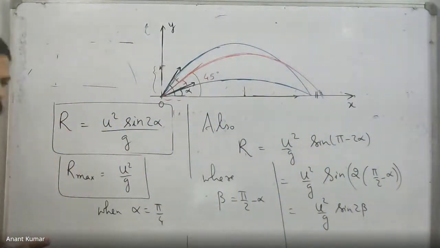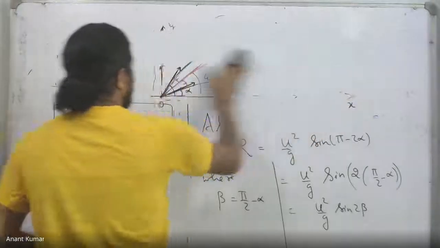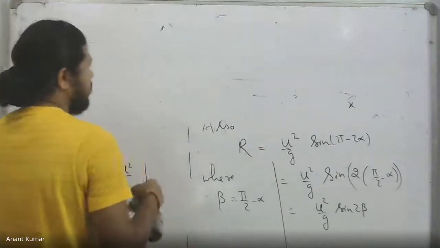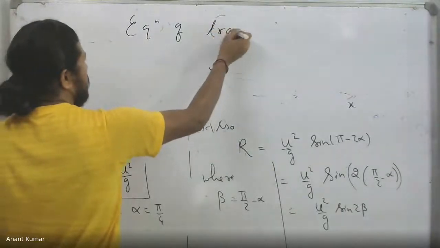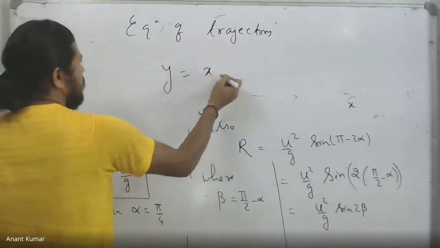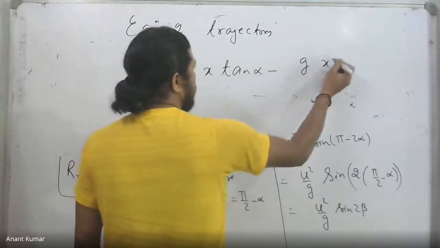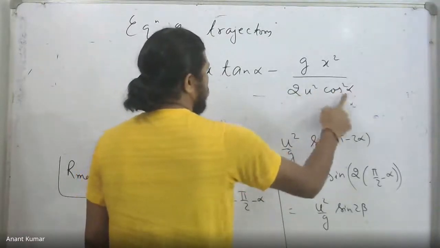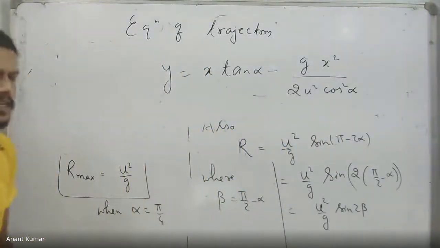If we now go back and look at the formula for the trajectory that we had, the equation of trajectory, that was y equal to x tan alpha minus g x square divided by twice u square cos square alpha. That was the trajectory equation actually.